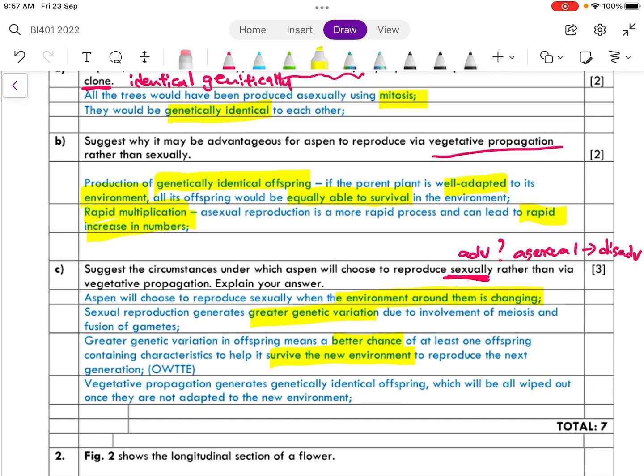But if everyone is exactly the same, and a virus, for example, comes and infects the trees, everyone will be equally vulnerable. So variety is good. The last point argues the other way. In asexual reproduction or vegetative propagation, because all the offspring are genetically identical, it's very easy for all of them to be wiped out if they are not adapted to the new environment.